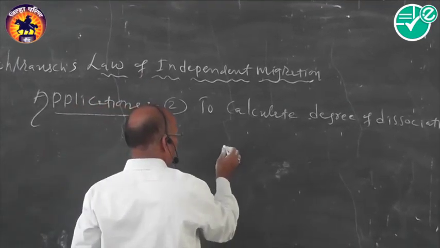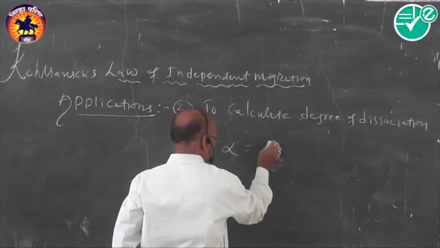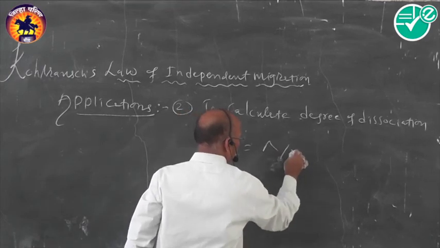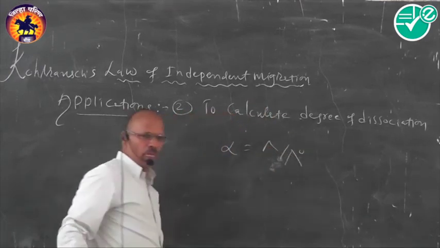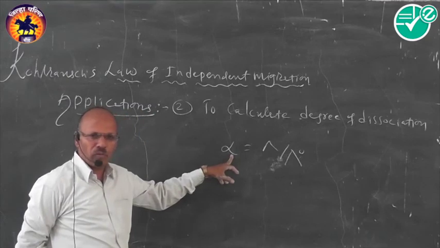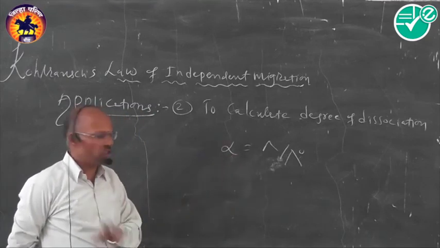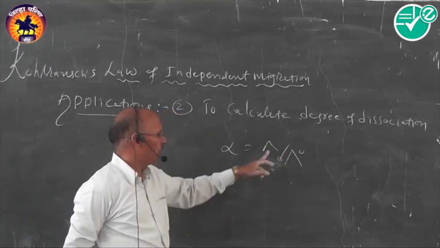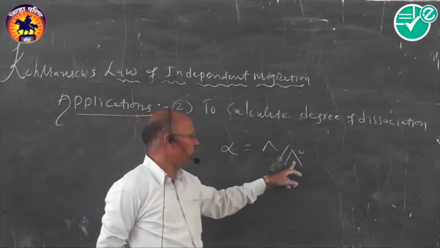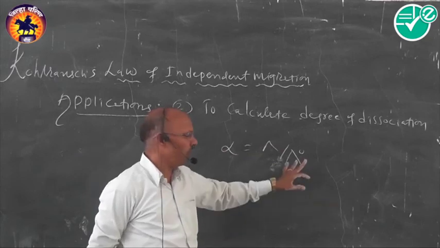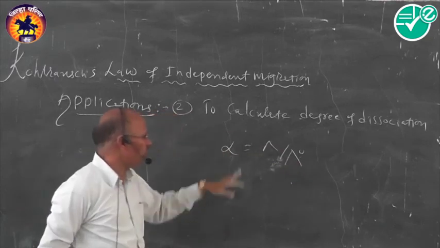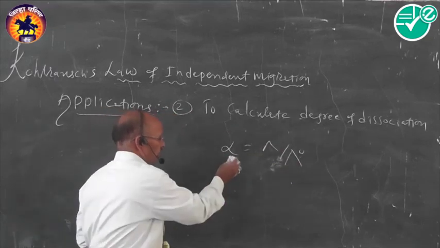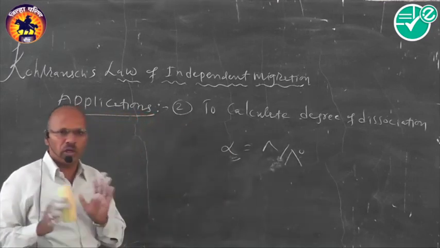It can be written as alpha equals lambda by lambda 0. Alpha is the degree of dissociation, lambda is the molar conductivity at any dilution, and lambda 0 is the molar conductivity at infinite dilution. By knowing all these parameters, we can work out the degree of dissociation for a given electrolyte.